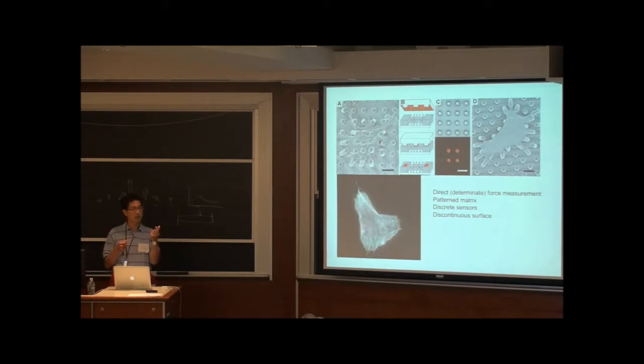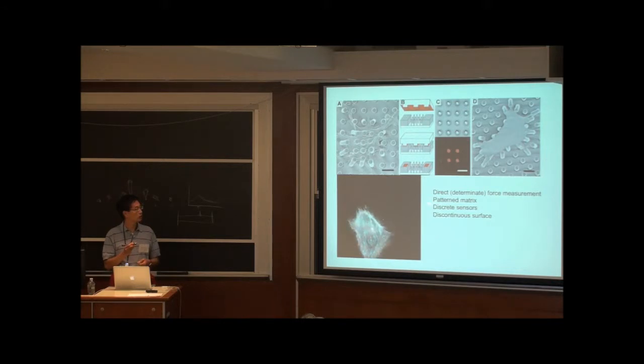But then on a single molecule level, the stiffness of the PDMS is, of course, the same across these different substrates. Whereas on a continuous material, if we vary the stiffness, the way we're doing it is we're changing the molecular cross-linking density. So that affects the nanometer scale flexibility of the material as well as the macroscopic. So they're a little bit different, but for us, the cells seem to treat them fairly similarly.